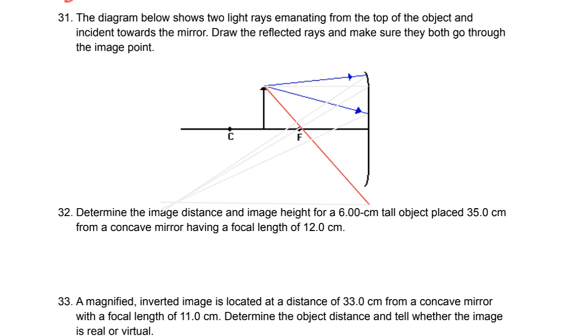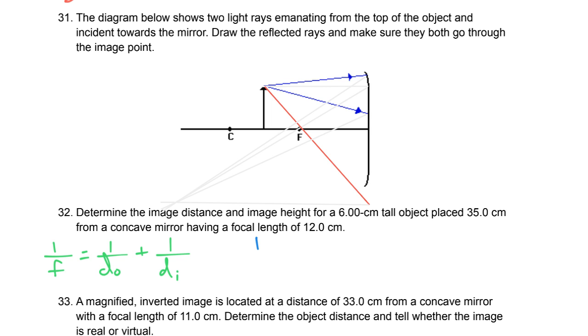All right, now 32: determine the image distance and image height for a 6 centimeter tall object placed 35 centimeters from a concave mirror with a focal length of 12 centimeters. Here we need to use our lens formula, which also works for concave mirrors. 1 over the focal length equals 1 over the distance to the object plus 1 over the distance to the image.